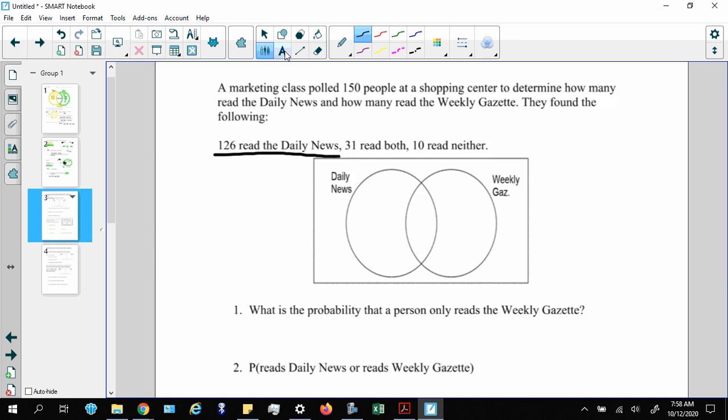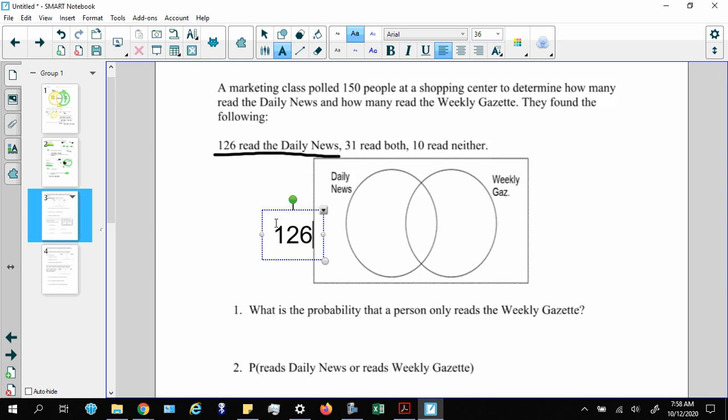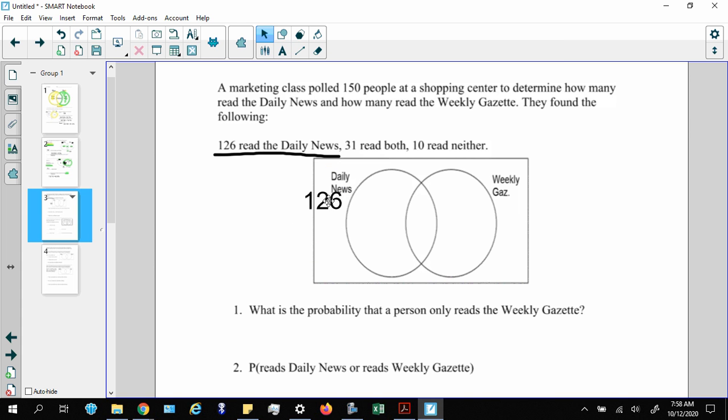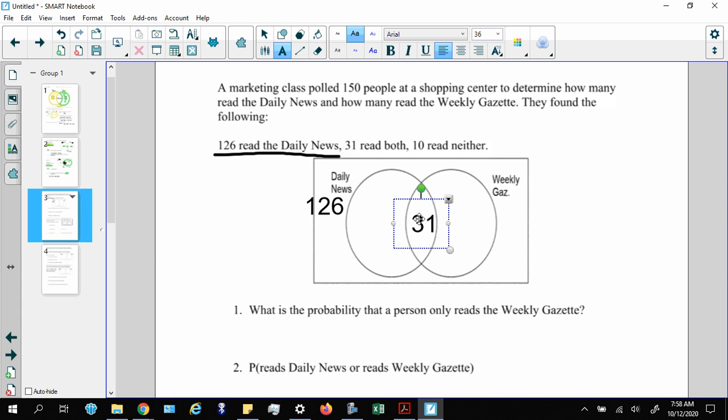It doesn't say anything about where the 126 goes, meaning if it's daily news only or anything. Since it is a blanket daily news, it's going to go on the outside. 31 read both, so that's easy. Both and neither are going to be the easiest things in the world. So that's 31. And then 10 read neither. So 10 will be underneath here.